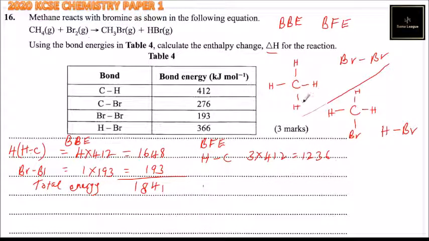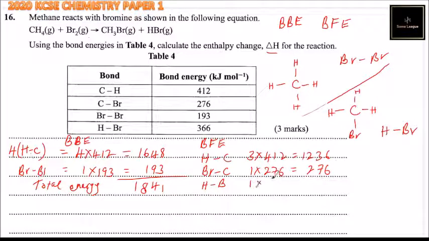Then there is this bond of carbon and Br. That bond requires 276. It's only 1, so it does not change, it is 276. Then we have the bond formation of the hydrogen bromide, hydrogen and bromine, which is 366.